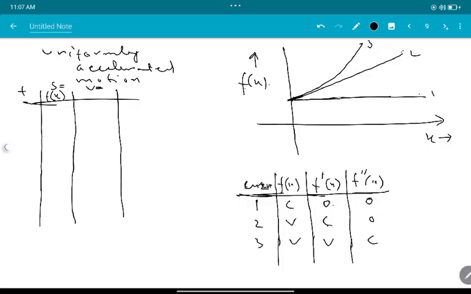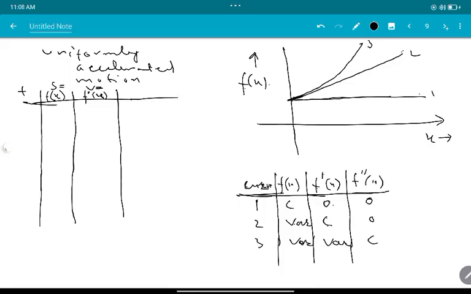Velocity is equal to f dash t. Since the symbol for velocity and variable is similar, I will change this. I will call it var, variable. Now f dash x, velocity, is the rate of change of distance.